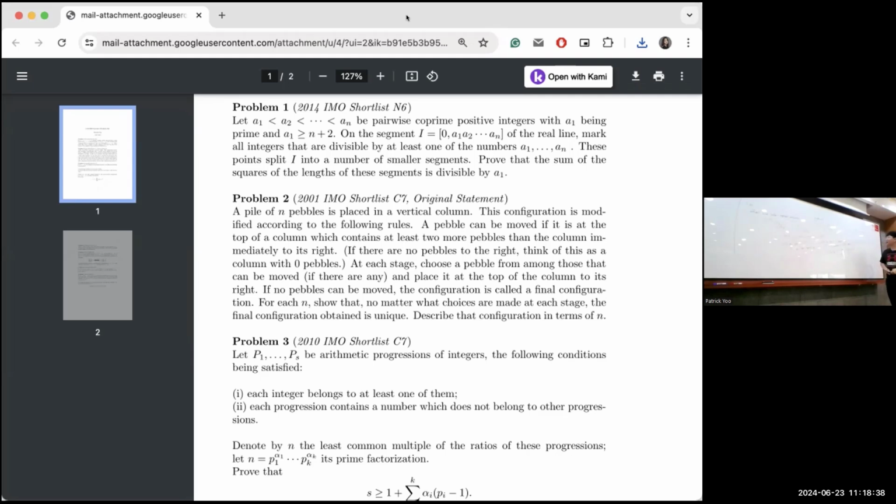If it was an i jump, well, then we moved a pebble from i to i plus 1 to create j. Oh, and so here we need an auxiliary condition, which is that if the slope is less than or equal to 1, then every single drop from here on out to j must be 1.